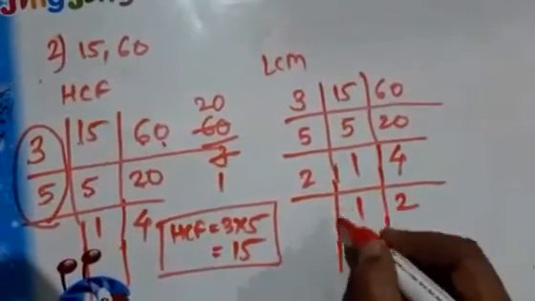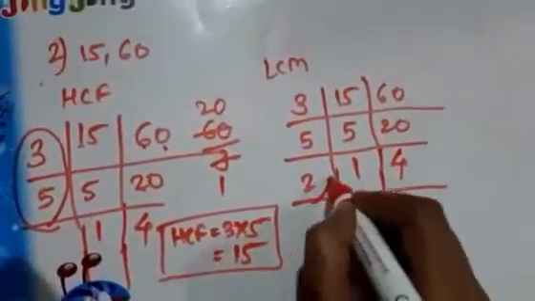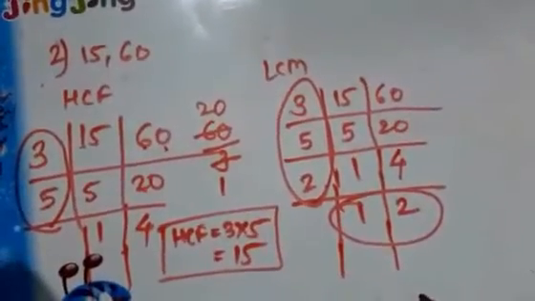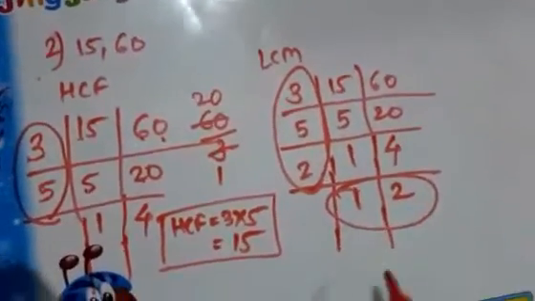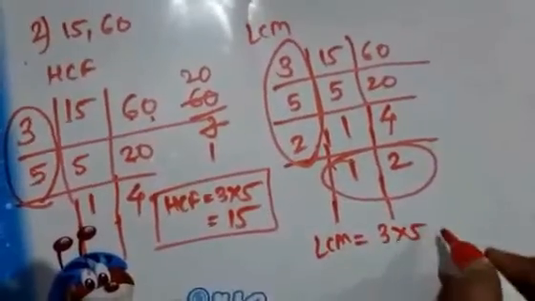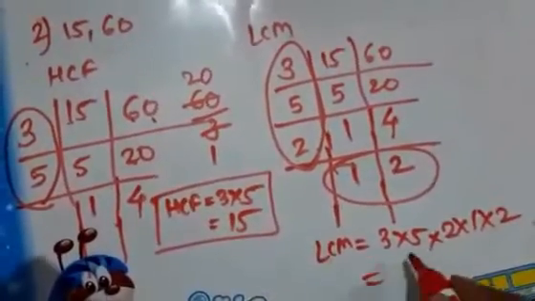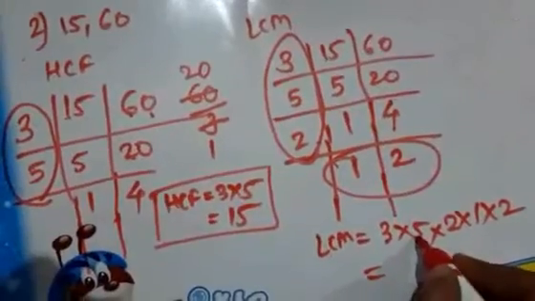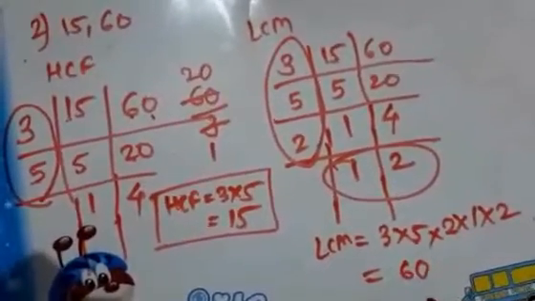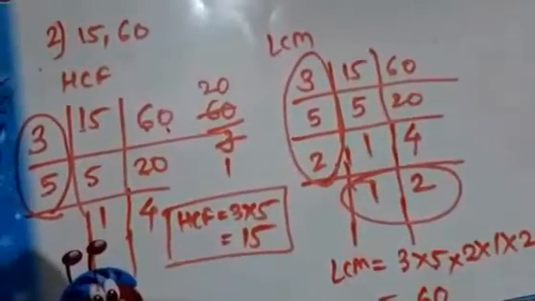Now all the numbers here are not divisible. So these are common factors and these are uncommon factors. Their multiplication will be the LCM. So LCM is equal to 3 into 5 into 2 into 1 into 2. 3 5s are 15, 15 2s are 30, 30 2s are 60. So LCM is 60.